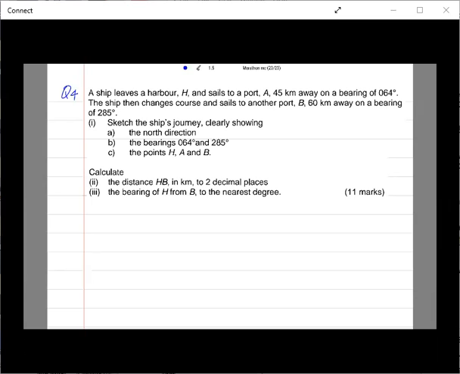The ship then changed course and sailed to another port B, 60 kilometers away on a bearing of 285 degrees. We're asked to (i) sketch the ship's journey clearly, showing the north direction, the bearings 064 and 285 degrees, and the points H, A, and B.